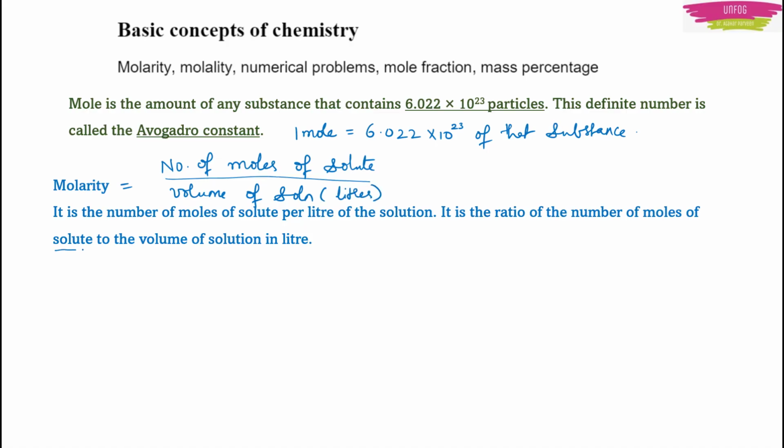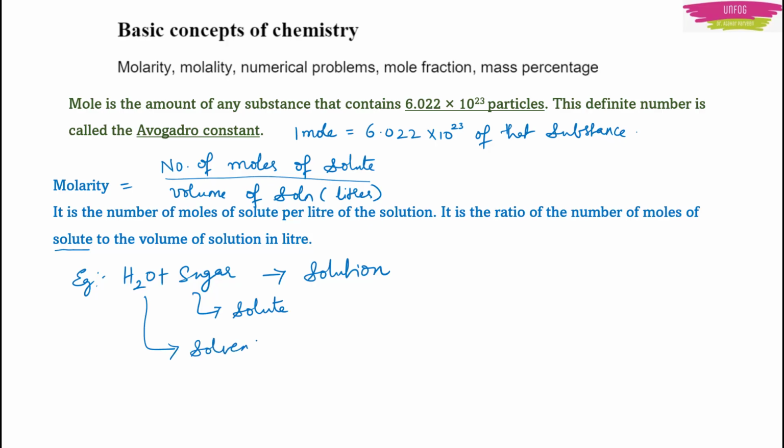Now what is this solute? See, for example, if you mix sugar in water, you get some liquid, right? That liquid is called solution. Here this sugar is known as solute. The particle which you have dissolved in water is called solute. And this water becomes the solvent.